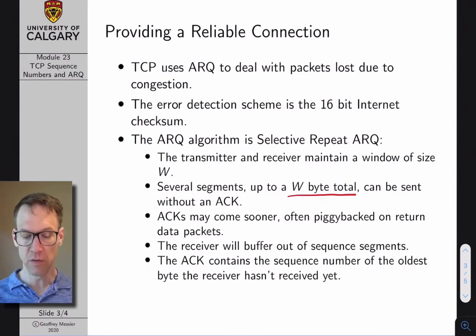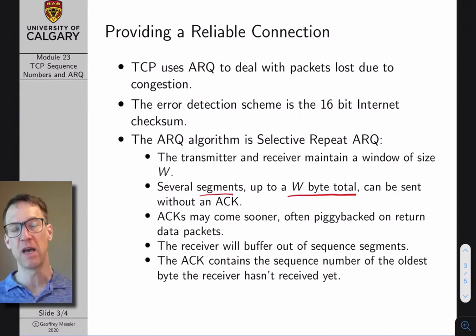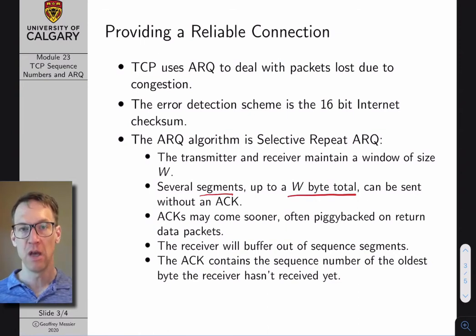Several segments, and recall a segment is essentially a packet, up to a total of W bytes can be sent without an acknowledgement, so that's the transmit window. Acknowledgements, however, may come sooner, and they are typically piggybacked on return data packets. You'll see this especially when we look at an actual TCP exchange.